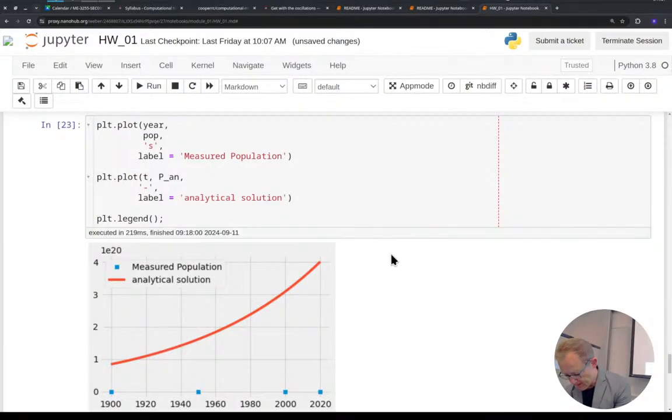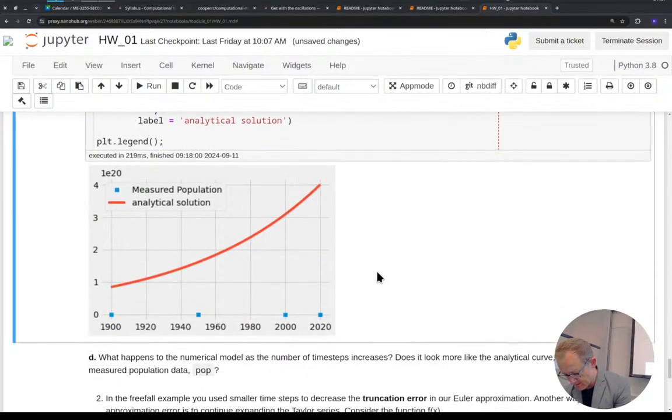And then it kind of looks like this, as if the population is 10 to the 20. What is that? It's such a big population. We'd need skyscrapers through the farmlands to house everybody at that point.